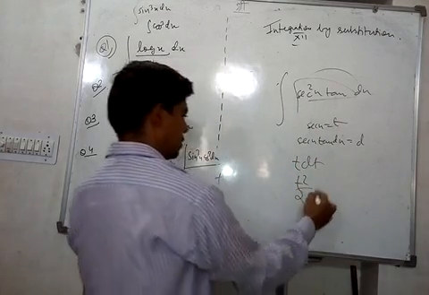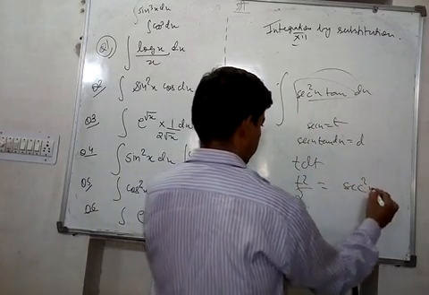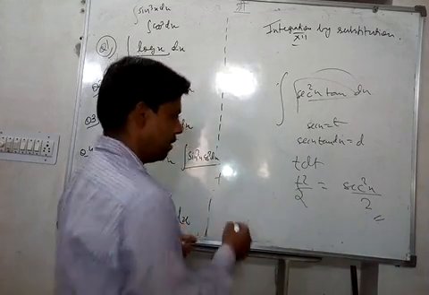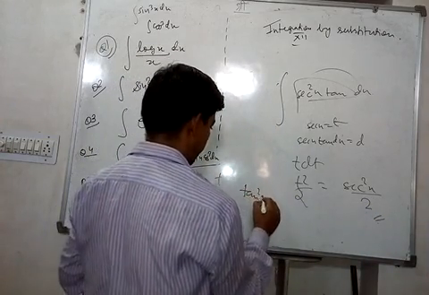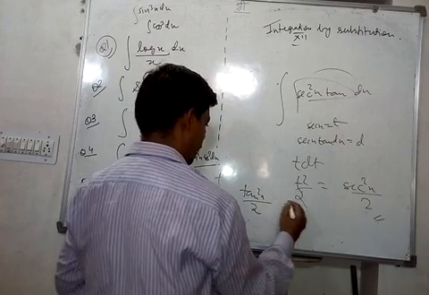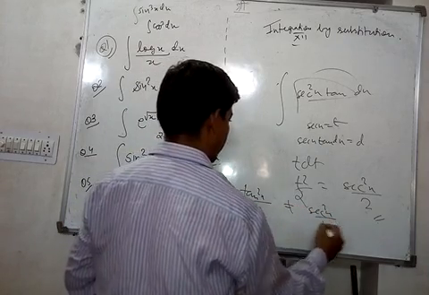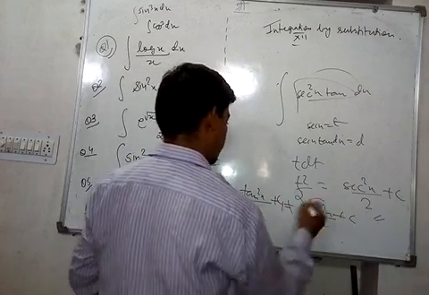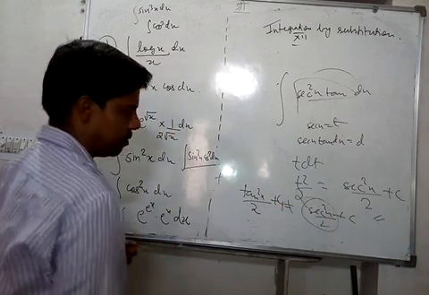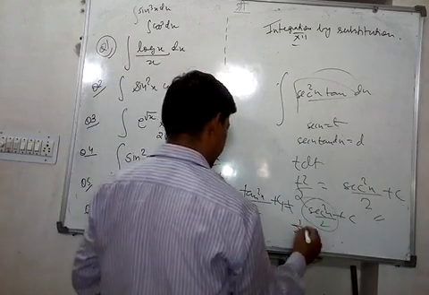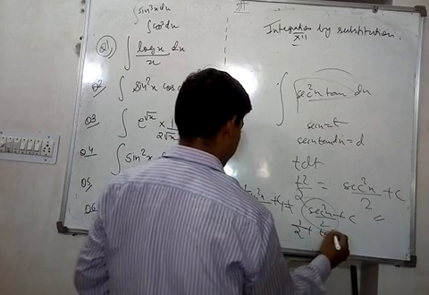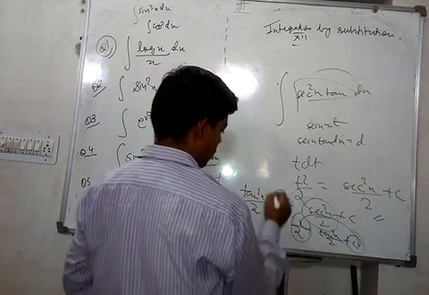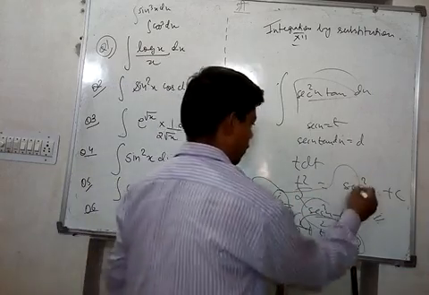Integration t square by 2. Same thing can also be written as sec square x by 2. Now how are the two equal? Tan square x by 2 is not equal to sec square x by 2. But when you add c, then they can be equal, because sec square x is 1 plus tan square x. So we can write half plus tan square x by 2 plus c, and this half can be termed into another constant. So these two become equal.